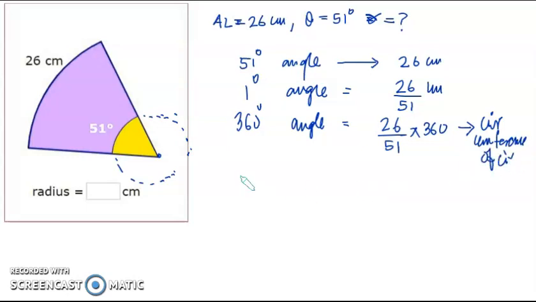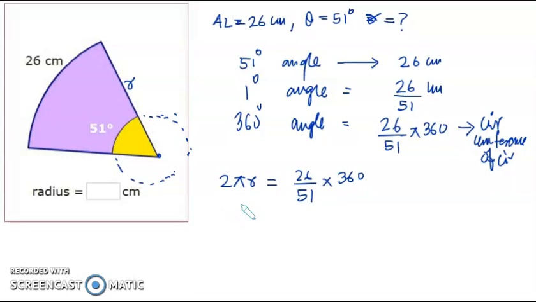Now if we assume the radius to be r, the formula for circumference is 2 pi r, which is equal to 26 by 51 times 360.